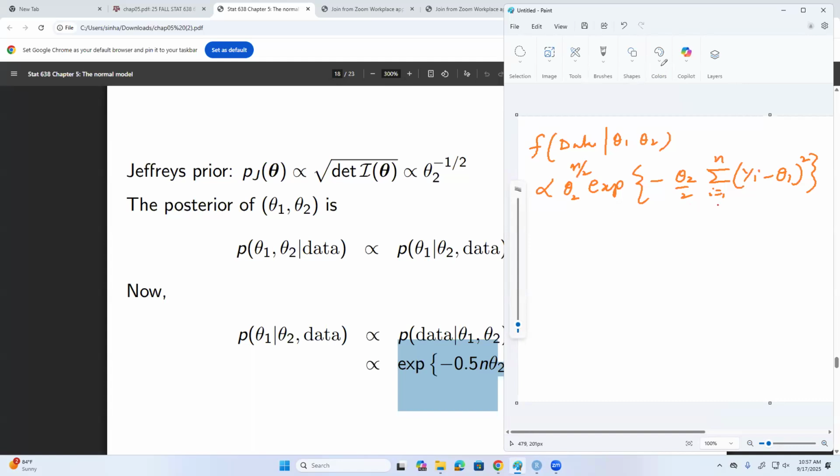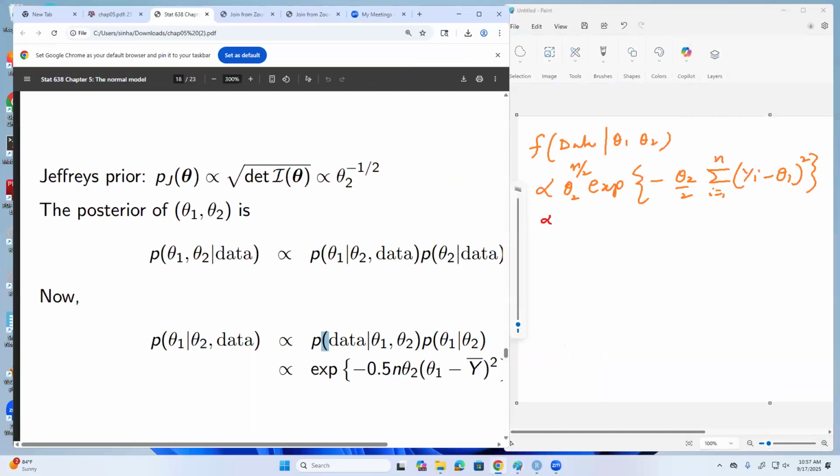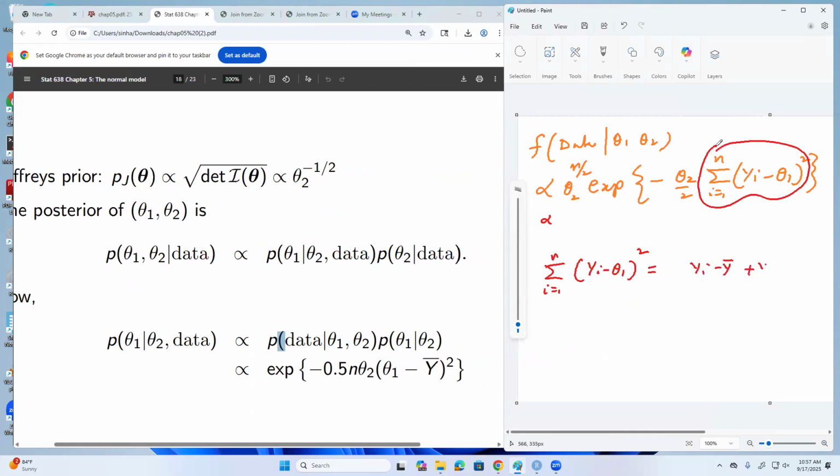So how do I get from this expression to this one? Remember, I can always write this part as (yi minus y bar plus y bar minus theta 1) square.